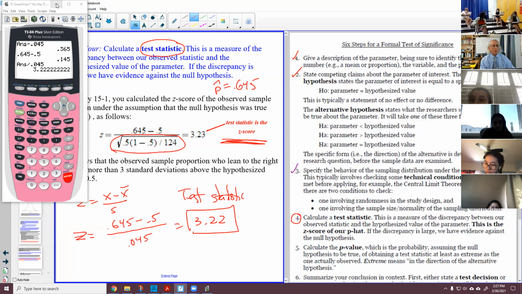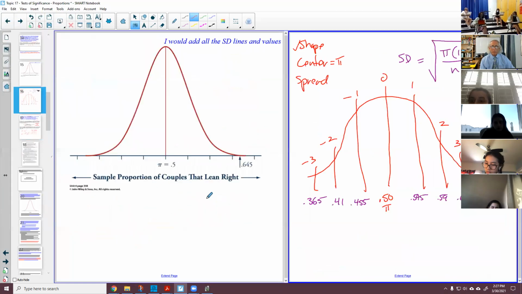And if I go back to my picture, I can see that 0.645 is way over here. This was my p hat. My p hat is more than 3 standard deviations away from my null hypothesis.